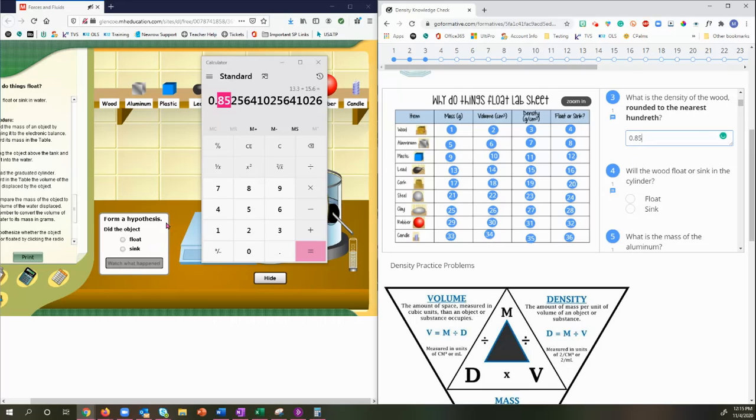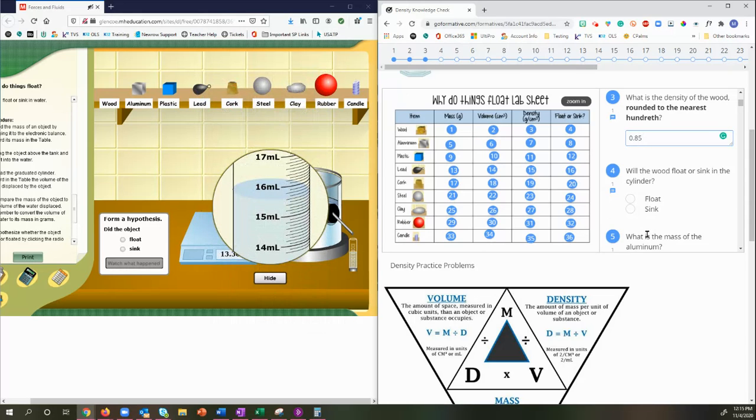Okay, that's how I got my density here. Again, you can use units. I'm not requiring it at this point, just because it's a lot easier for you to type in the numbers. Question 4 is asking if you believe the wood will float or sink.